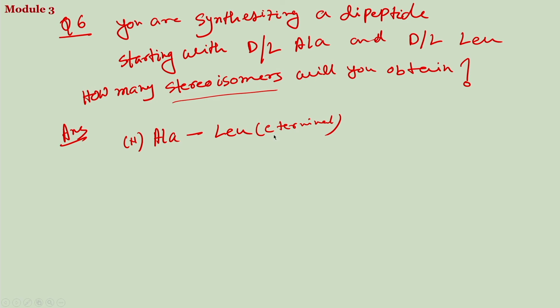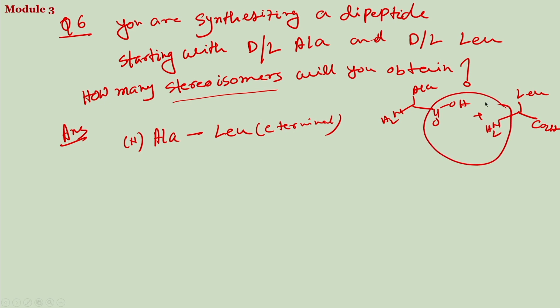I am just writing ALA here and LEU, because alanine and leucine none of them have any functional group side chains. This is acid, this is amine. So, if you react here, then you have the amine free for the alanine, which is called N-terminal, and the acid will be free for leucine, which is called the C-terminal.